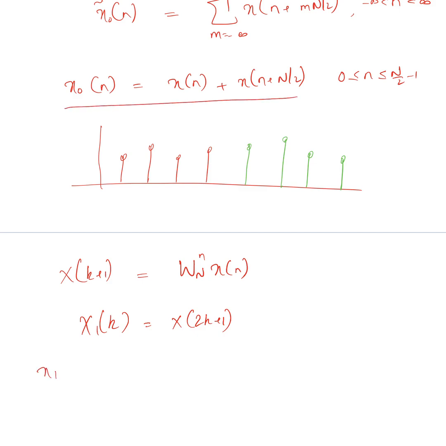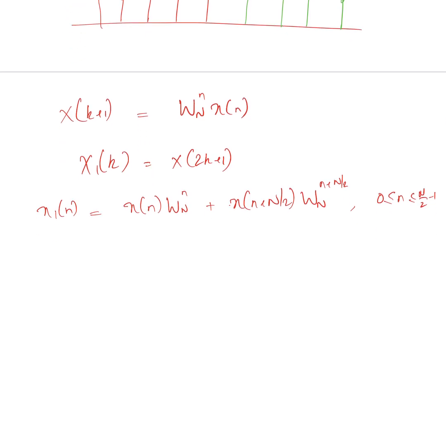So you would have x1 of n is equal to x of n times W of n plus x of n plus n by 2 times W of n plus n by 2, for n lying between 0 to n by 2 minus 1.